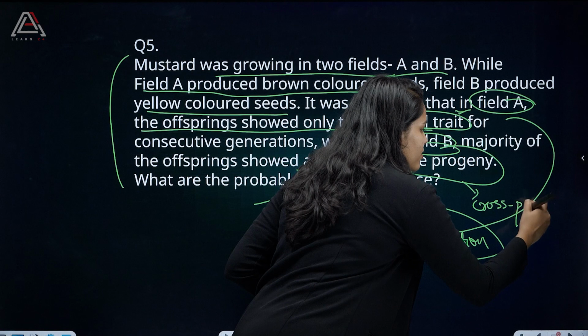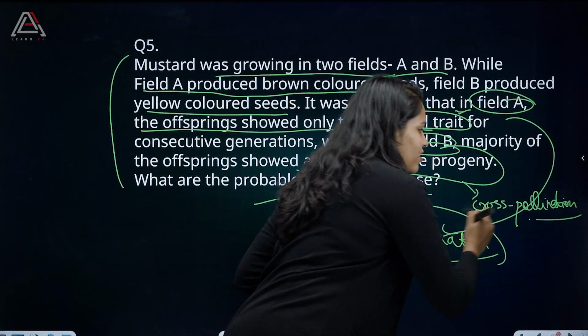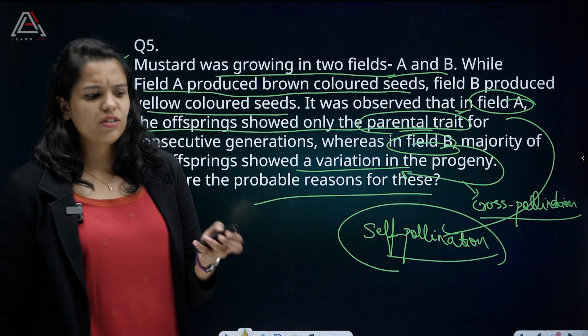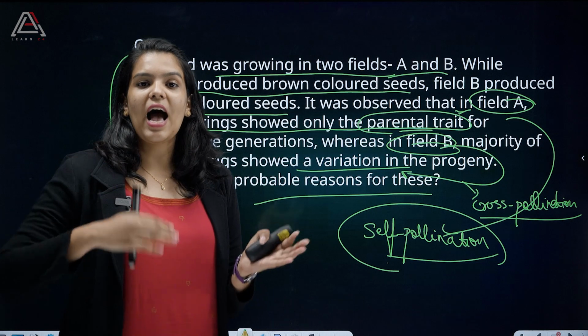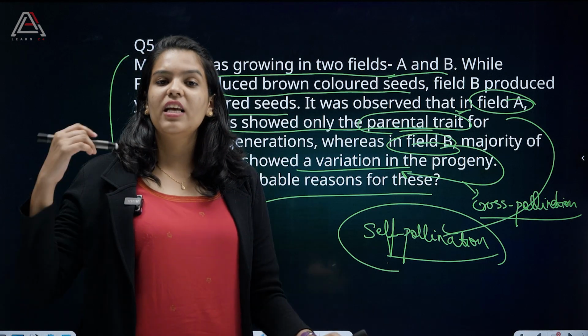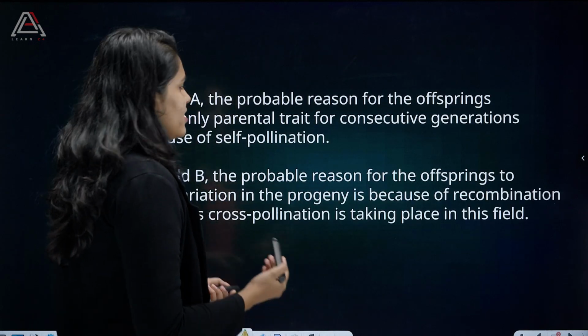It is a simple question, you can answer it. There is not much thinking in this question, it's a really direct question. In self-pollination, the parental trait will be passed on to the offspring, and through cross-pollination, there will be variations which can be seen in the next generation. So you can see the answer.